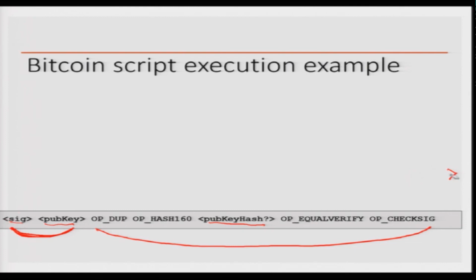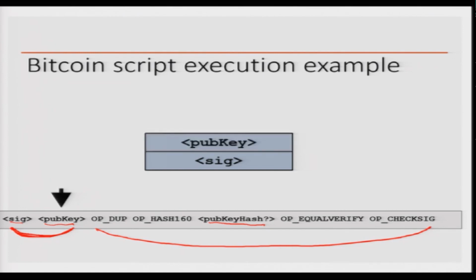As I said, when I encounter data while executing, I push it on top of a stack. So, let us look at the stack. When I encounter SIG, I put that on the stack. Next, I see another piece of data, so I put that also on top of the stack. The stack grows. Now, I encounter an instruction, OP_DUP.